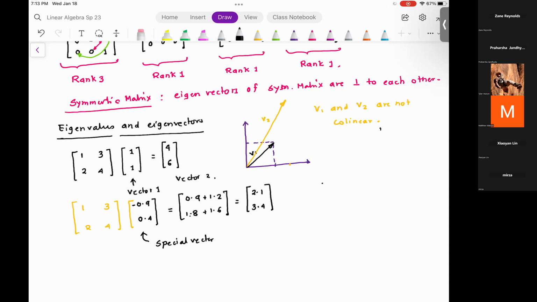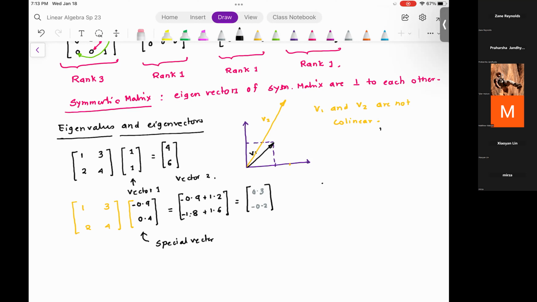I made a mistake, a negative sign. So this is going to become 0.3 and minus 0.2.